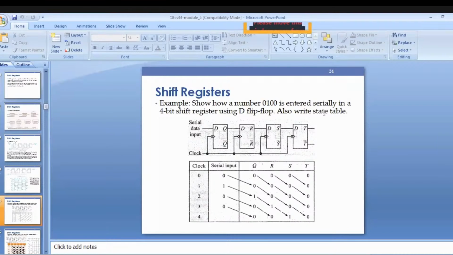I will show you how to take this data, how to check the inputs and everything. Note down. Completed? Okay. Note down.